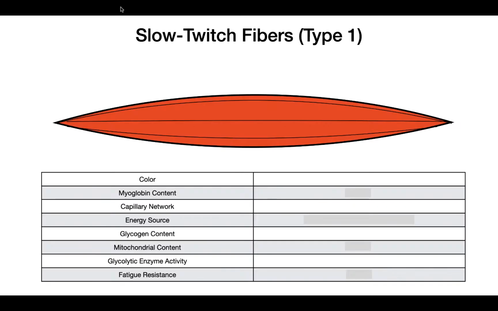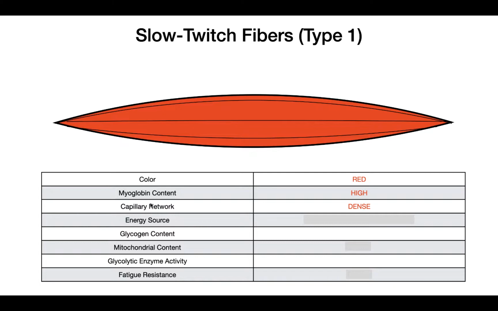Now let's look at these different fibers individually. The first one is going to be slow twitch fibers, which are also called type 1 fibers. These types of fibers are going to be red in color due to the fact that they have a high content of myoglobin. In addition to the high content of myoglobin, they're also going to have a dense capillary network.